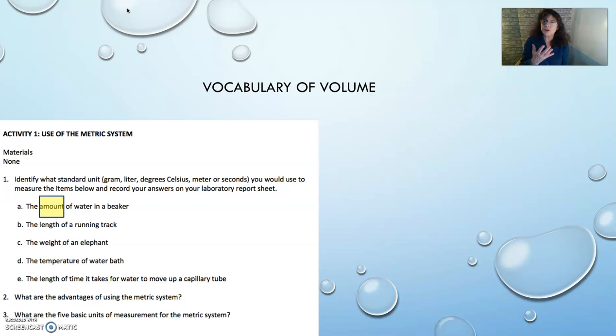And I wanted you to understand that when you talk about a measure of an amount of a material or an amount of a sample, you're talking about a volume measurement with a unit that is a liter, or a kiloliter or a milliliter. Okay, so when you hear about amounts of samples, think volume.